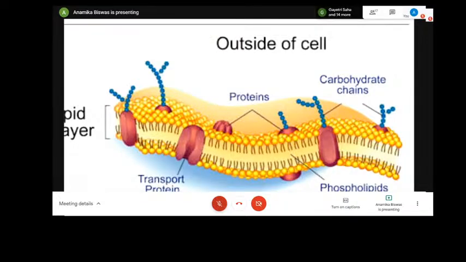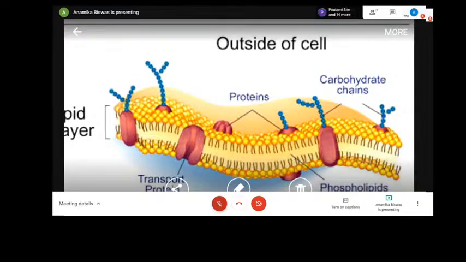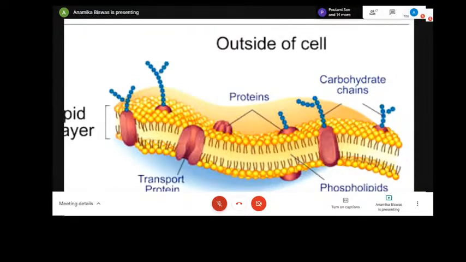Some ion channels act as channels for some molecules to move across the membrane. This type of movement is called facilitated diffusion. Energy is not required, so this is a kind of passive transport.